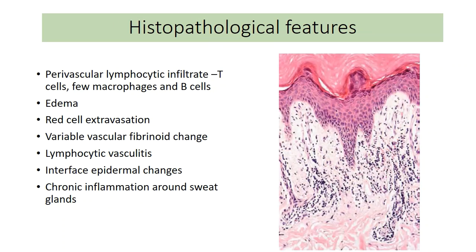The histopathological features are perivascular lymphocytic infiltration, which is predominantly T lymphocytes. Few macrophages and B lymphocytes can be seen. Edema will be there, with extravasated RBCs, variable vascular fibrinoid changes, lymphocytic vasculitis, and chronic inflammation around the sweat glands.